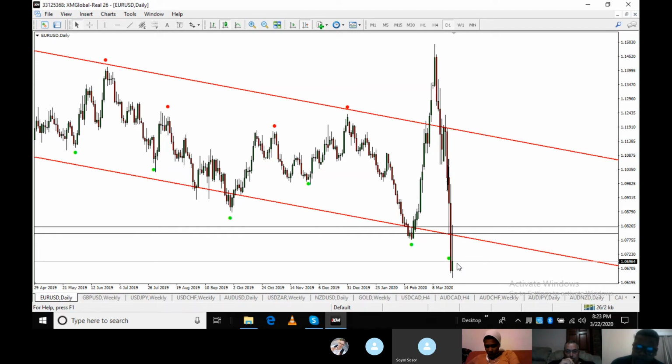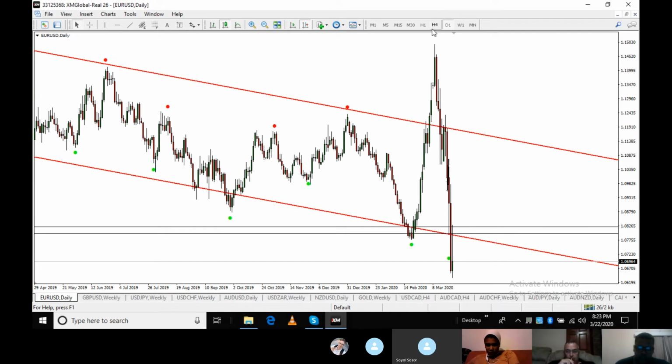But to me, this means that the momentum to the downward side is running out. This rejection I will not take lightly though, because what this rejection means is that price tried trading above the weekly support and above the support of the price channel as well, and it failed to do that.